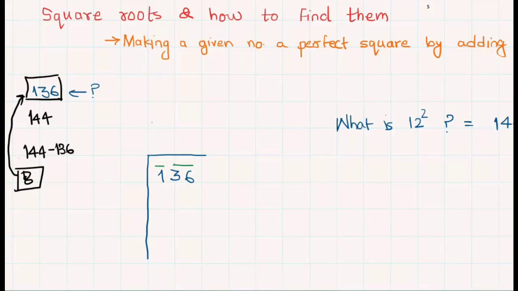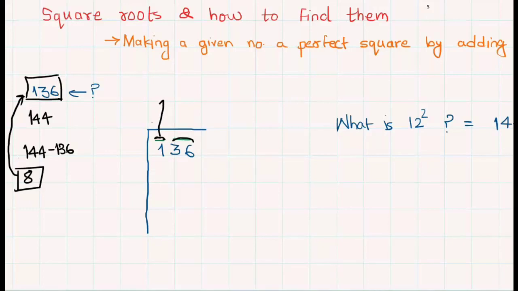Now we will try to find this answer using the long division method. Let's get started then. First thing in long division is we group the numbers together from the right-hand side. 36 will be here and 1 will be here. Then we find a square number which is either equal to this first group or just less than this group.